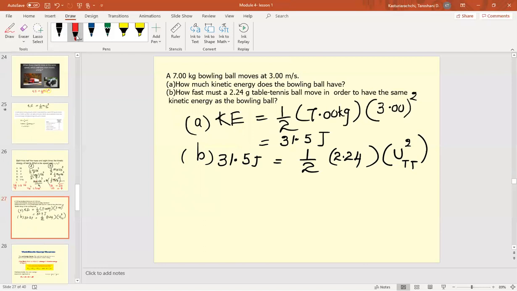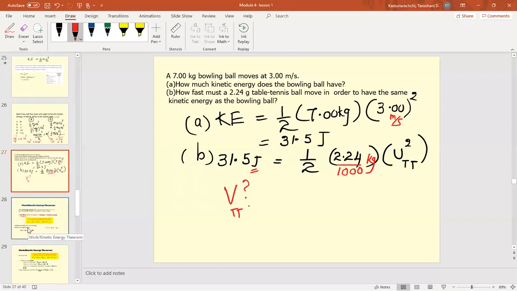Because this energy is in joules, which uses kilogram meter squared per second squared, and look at that, this is in grams. I need this one in kilograms. How would you make it kilograms? You need to divide it by 1000. Now, okay, you can solve for v. This is important because you need to use correct units.